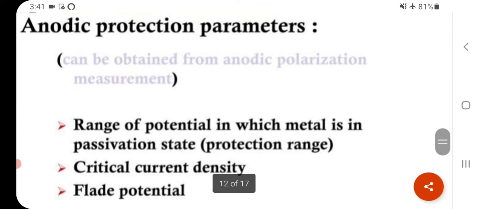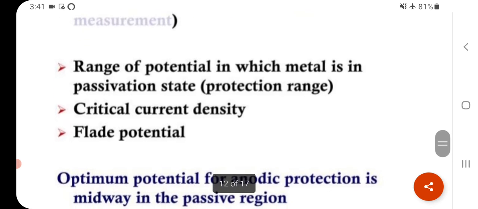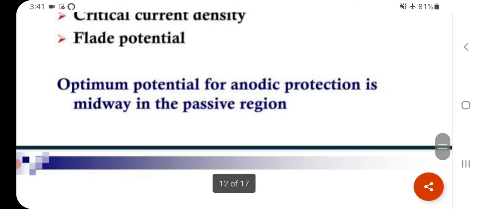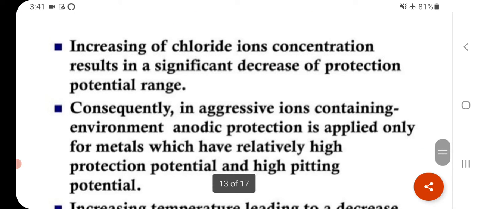Anodic protection parameters: range of potential in which the metal is in the passive state, critical current density, and flade potential. The optimum potential for anodic protection is midway in the passive region. Increasing the chloride ion concentration results in a significant decrease of the protection potential range.